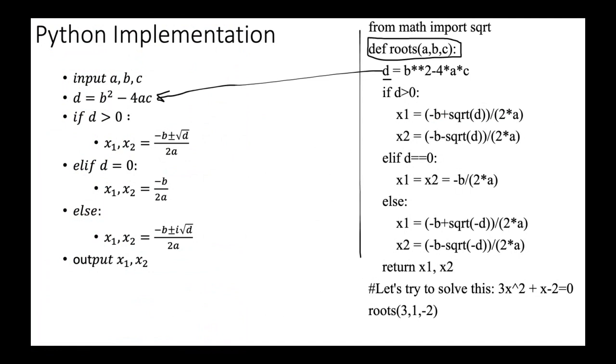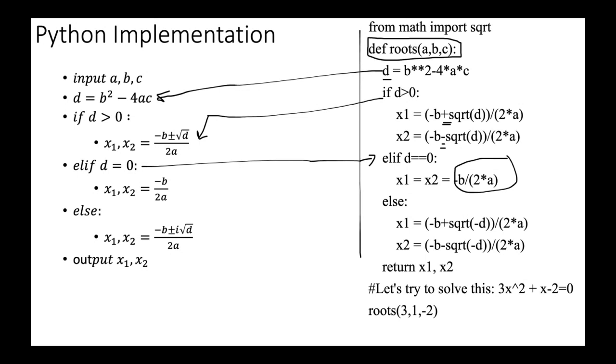And then I check if d is greater than 0, fine, then I have d1, x1 and x2, and this is what we have. What we change here is only the sign. So I change plus to minus. Okay. And then else if d is equal to 0, I know that x1 and x2 are equal, and this is the value here.